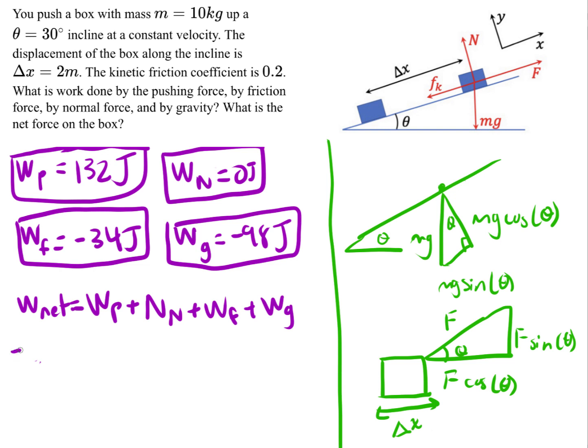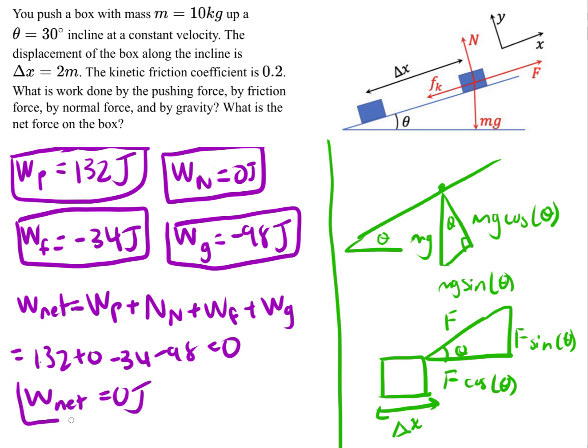Now if you just plug everything in, 32 plus 0, minus 34 minus 98. And then this just simplifies to 0. So the net work done on the box is actually just 0 joules.